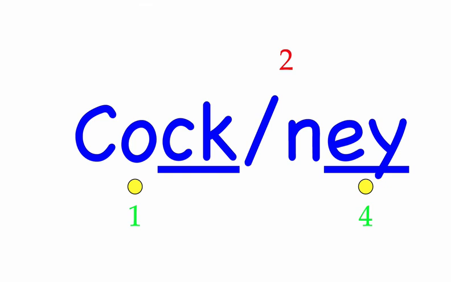Frieze. A frieze is a decorated band that normally is just below the ceiling in a building. Frieze. And this has 4 sounds. F, R, E, Z. Mark the word.